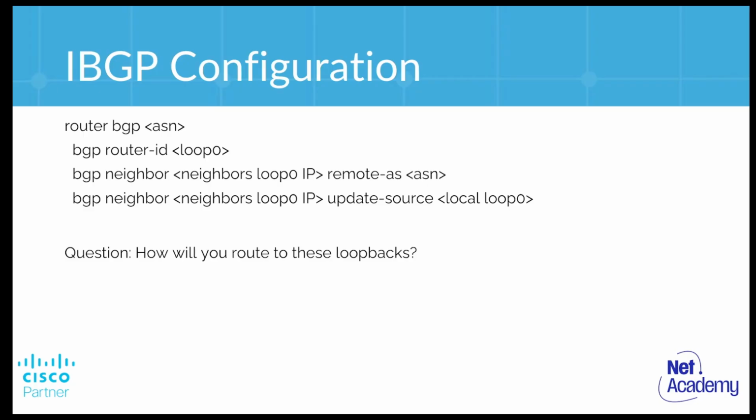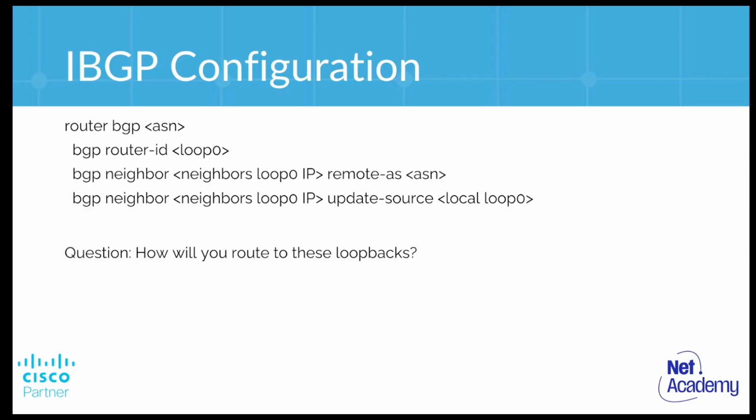And if I'm fully meshing, again, not always required, but if you are fully meshing, then you're going to do these next two commands per neighbor you're going to mesh with, right? You're going to define the neighbor first, neighbor, give the loopback 0 address of that neighbor, and then the remote-as, and it should have the same ASN as the ASN that I'm configured for.